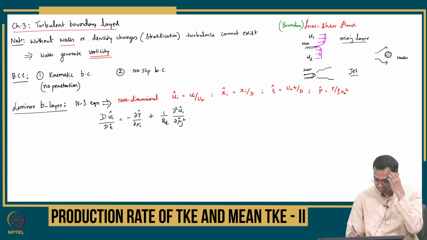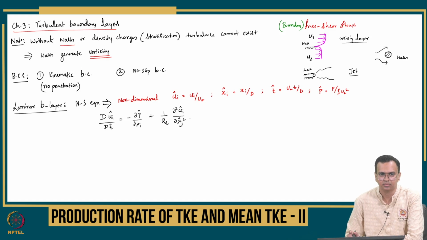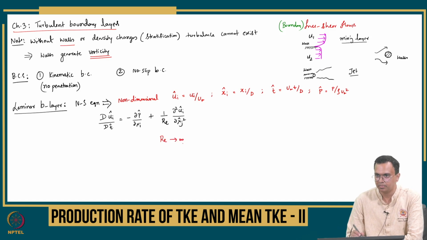So you get your Navier-Stokes in a non-dimensional form, and we are looking into a laminar boundary layer flow. So what would happen when the Reynolds number is very large? Let's say Re tends to infinity. What would happen to this equation?